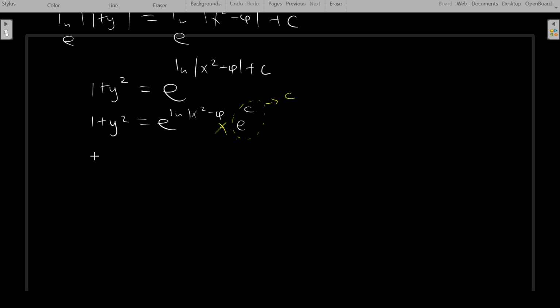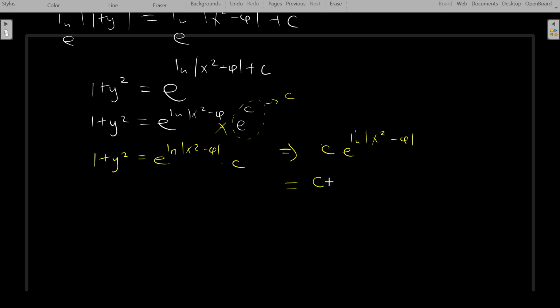Now I'm saying 1 plus y squared should equal e to the ln of x squared minus 4, and then I'll multiply that by a constant c. I'll simplify that to be c e to the ln of x squared minus 4. What is e to the ln? It is simply that function above.